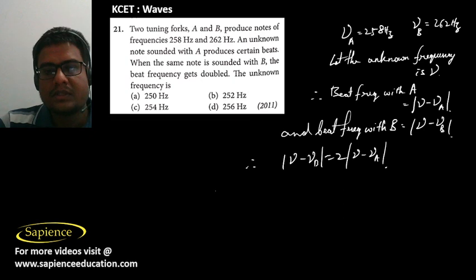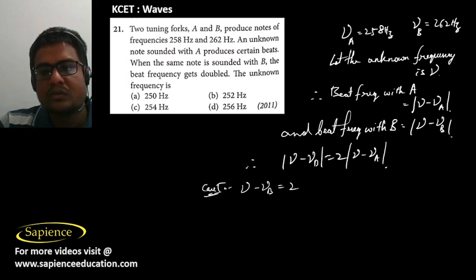So here for the first case, suppose we take nu minus nu B equal to 2 into nu minus nu A. Therefore nu is equal to 2 nu A minus nu B. But then the frequency is coming negative, which is not possible.